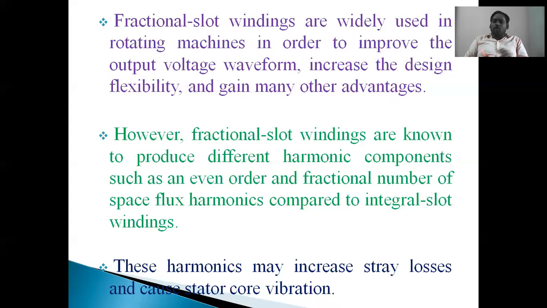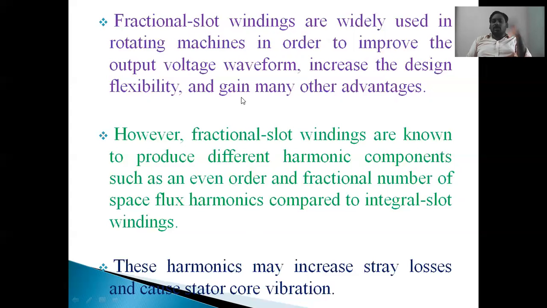There are improper, non-uniform laminations. Due to the non-uniform laminations, stray losses are increasing. Due to those stray losses, the transformer core is vibrated. The phenomenon is known as electromagnetic friction. Here also, due to these harmonics, stray losses increase, and due to these stray losses, the stator core vibrates.